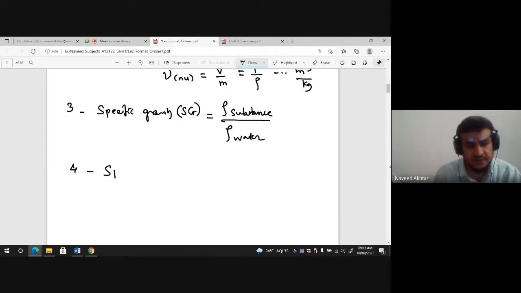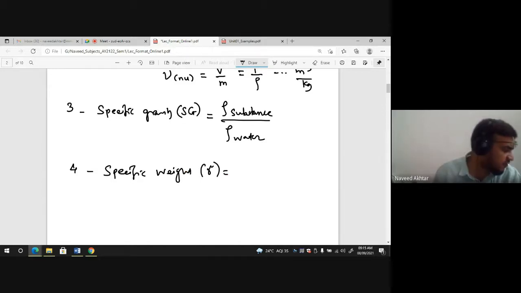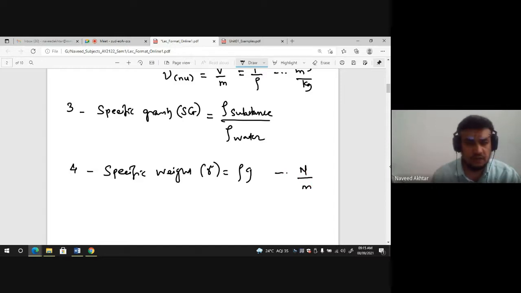Specific weight is generally denoted by gamma. I am going fast because we have already covered all these things. Just for your sake, I am writing this. Gamma is rho into g, where g is the gravitational acceleration, and its unit is Newton per cubic meter.